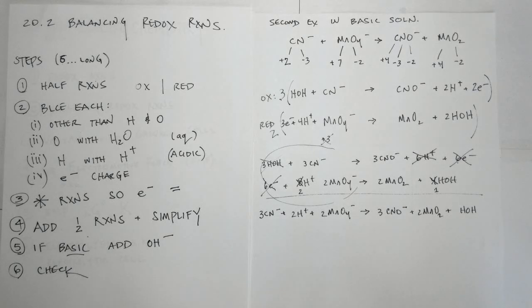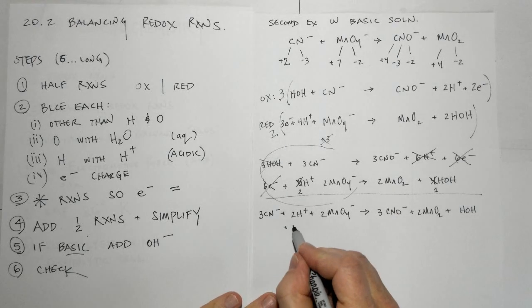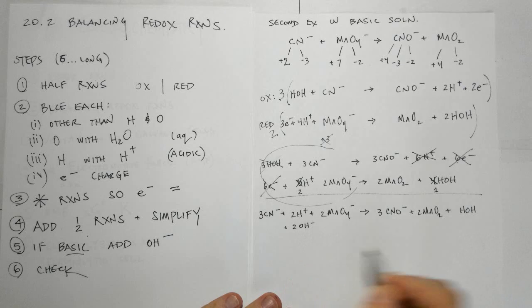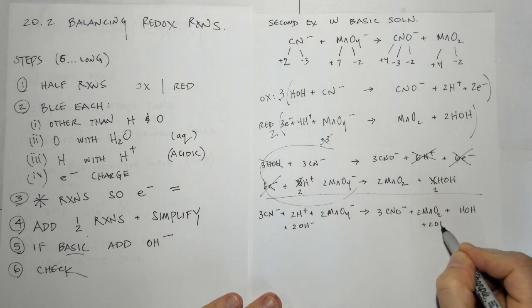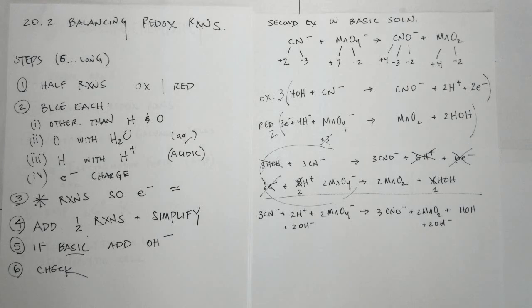Alright, it looks like I copied it correctly, and now before I check it, I'm going to have to make sure it's in basic solution. Right now we're assuming it's in acidic solution because it's got H pluses right here, but technically since it's in basic solution there's lots of OH minuses, and so I'm going to add 2 OH minuses to both sides of this reaction. It's like math class, you can add something to both sides as long as it's the same.